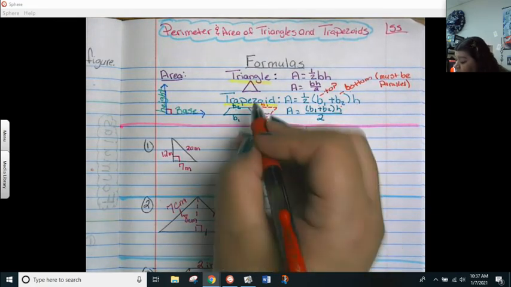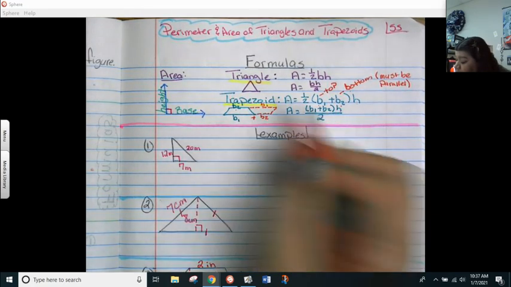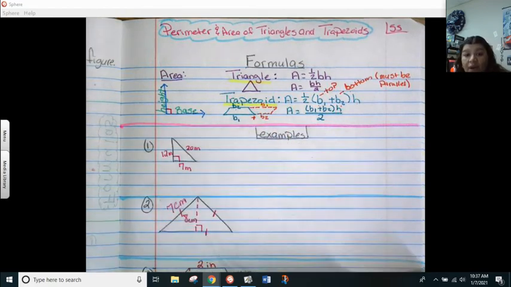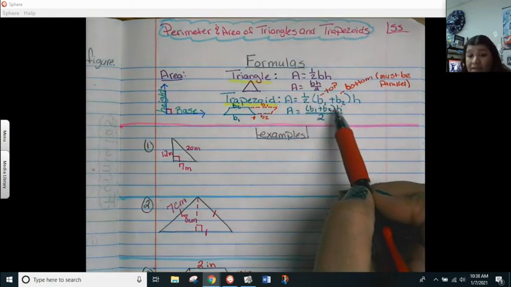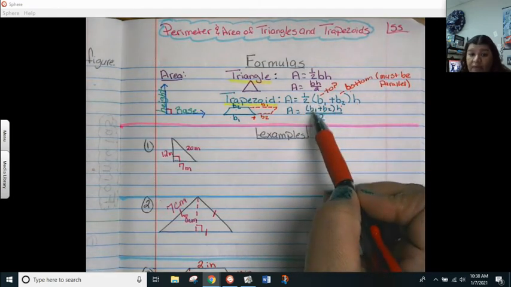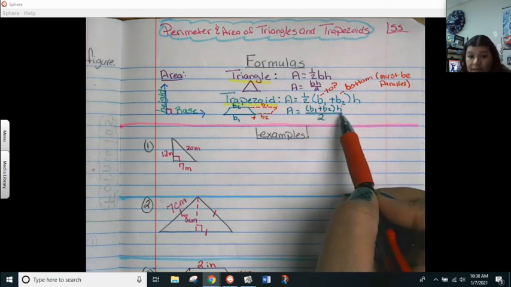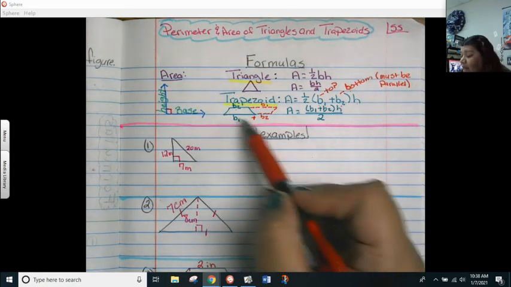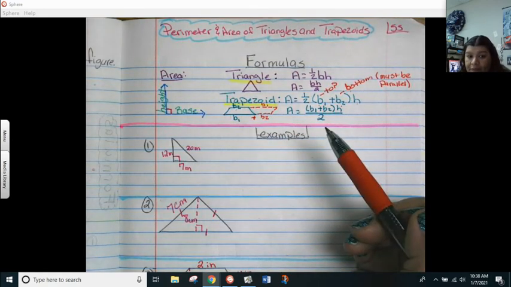Base 2 plus base 1 times the height is going to make a parallelogram. That's why that formula works, okay? So this is how you're going to see it on the star chart. Another way of thinking about it is to do base 1 plus base 2 times the height, divide the whole thing by 2. Cut it in half because it is half of a larger parallelogram, okay?